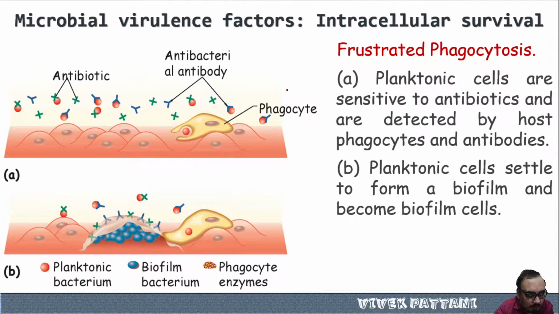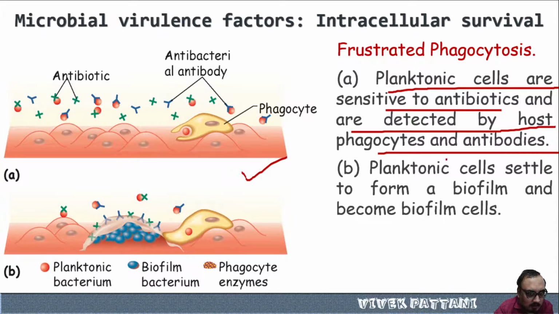These are some of the examples of frustrated phagocytosis, where the phagocytosis is not able to move forward. In this case, first, planktonic cells are sensitive to antibiotics and are detected by the host phagocytes and the antibodies. Here you can see where detection occurs, and antibacterial antibodies are also present.